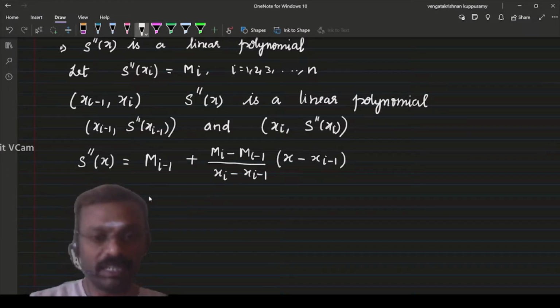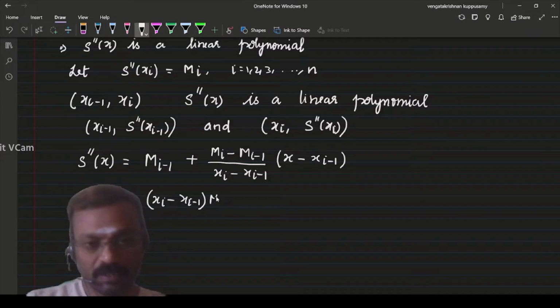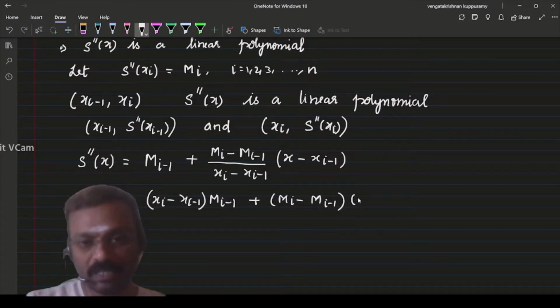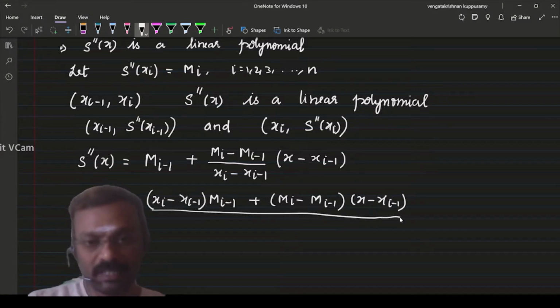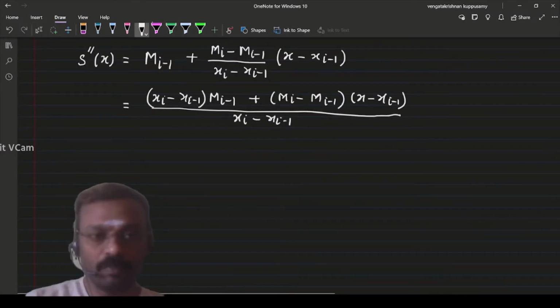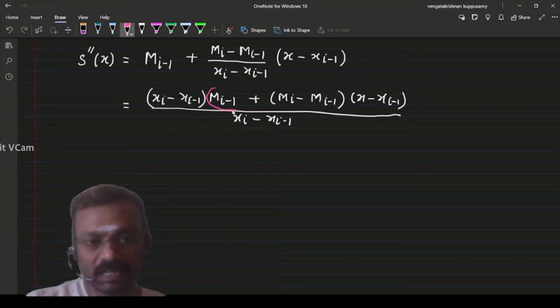So on taking LCM and grouping the terms, we have xi minus xi minus 1 into mi minus 1 plus mi minus mi minus 1 into x minus xi minus 1, divided by xi minus xi minus 1. Now group the mi terms and mi minus 1 terms.